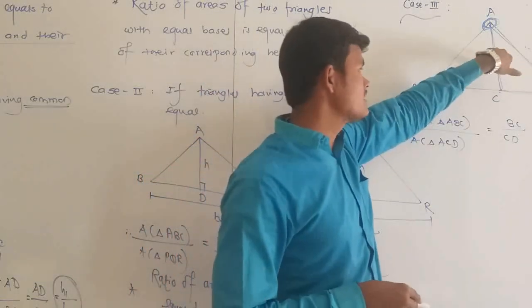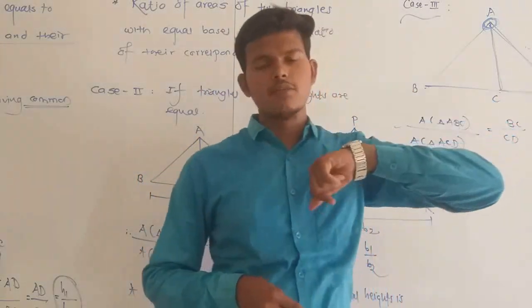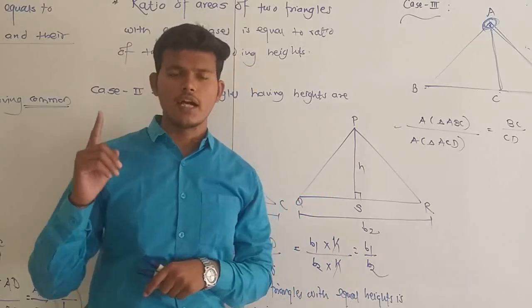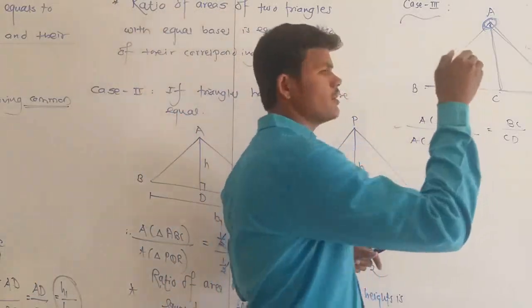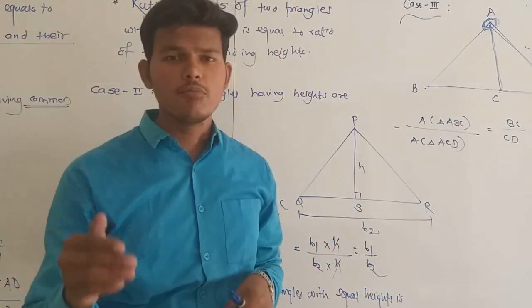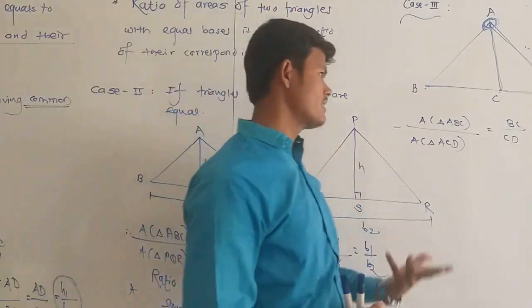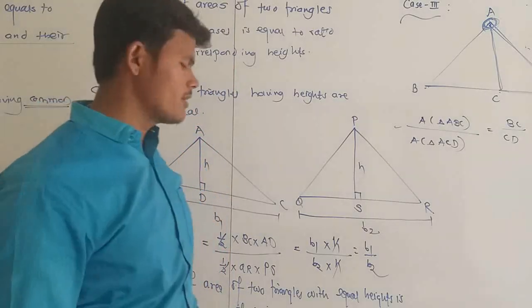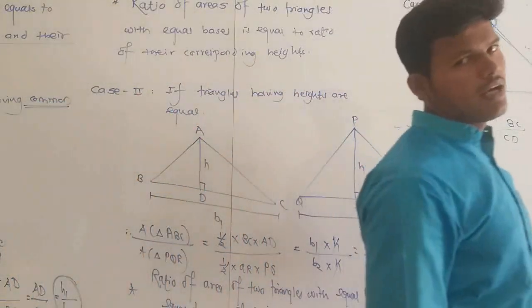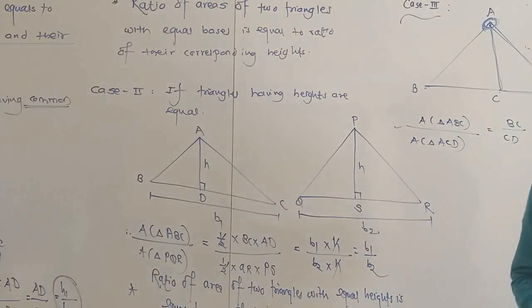If two triangles have equal heights, then their area is proportional to their corresponding bases. So this statement can be written as in case number second: the ratio of the area of two triangles with equal heights is equal to the ratio of their corresponding bases.